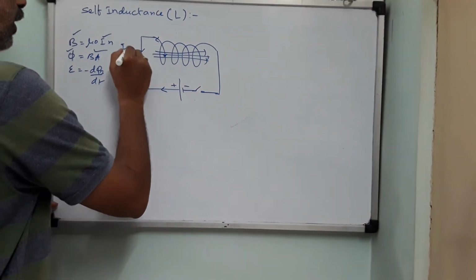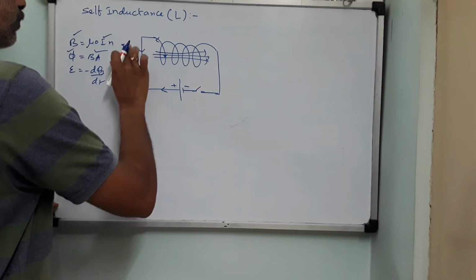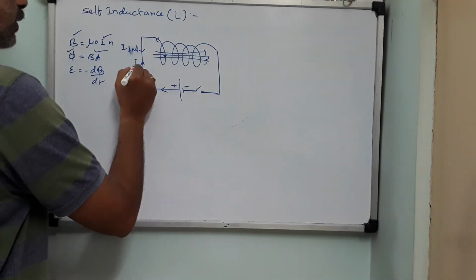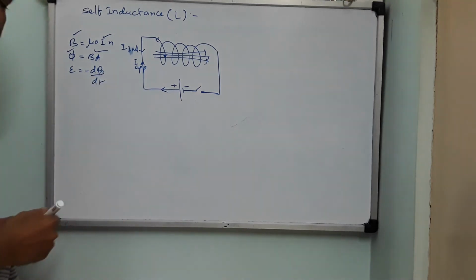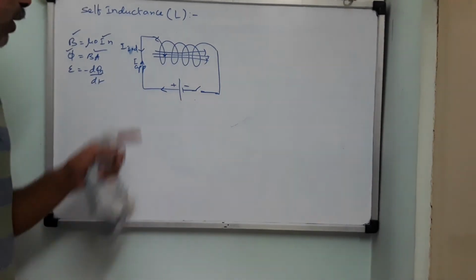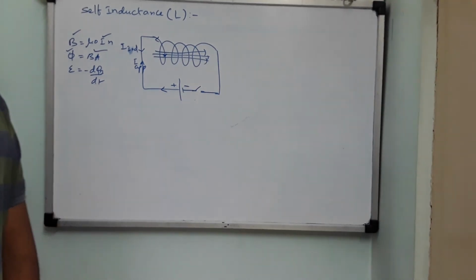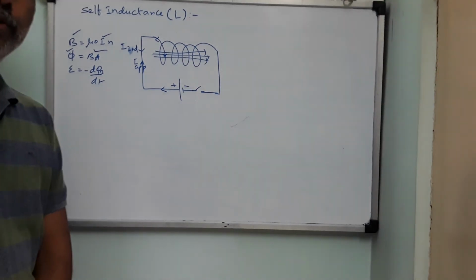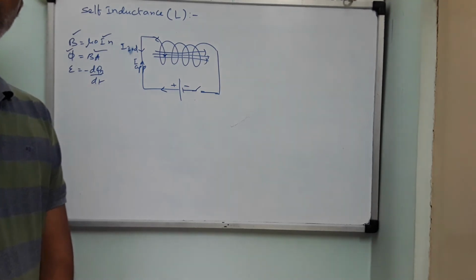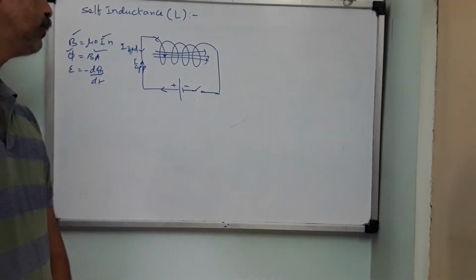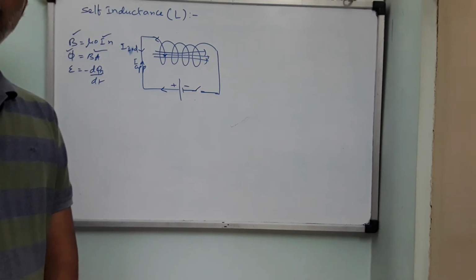This is called I induced, and this is called I applied: applied current and induced current. So this property of a coil, by virtue of which it induces an EMF so as to oppose the applied EMF or applied current, is known as self-induction.